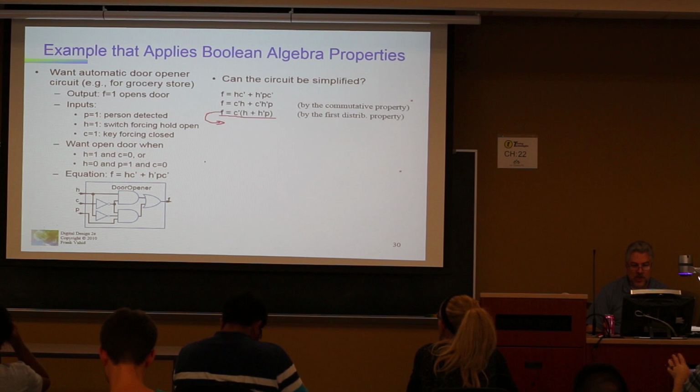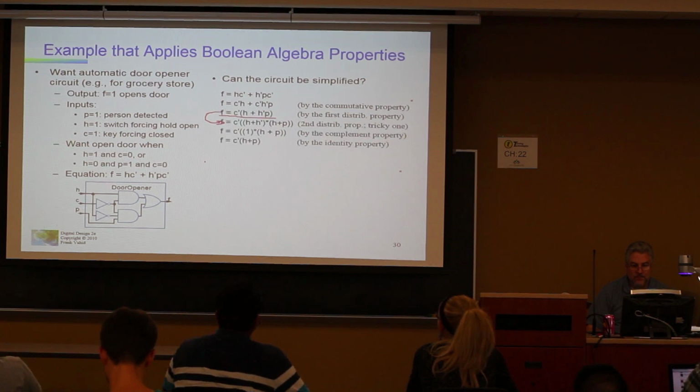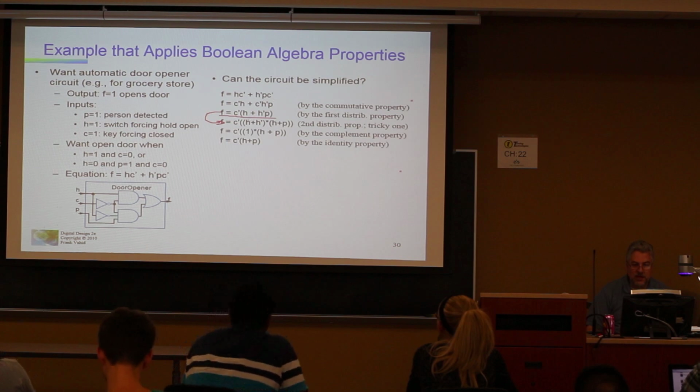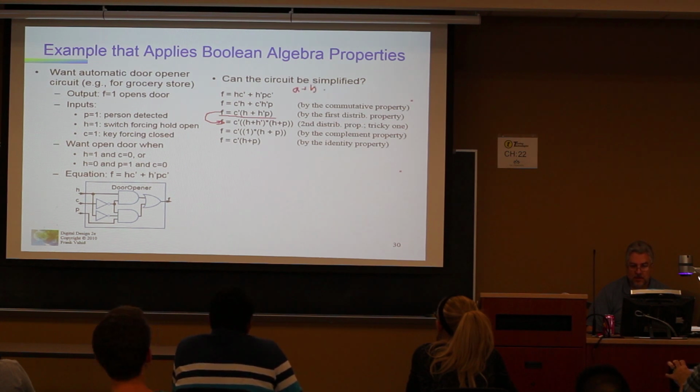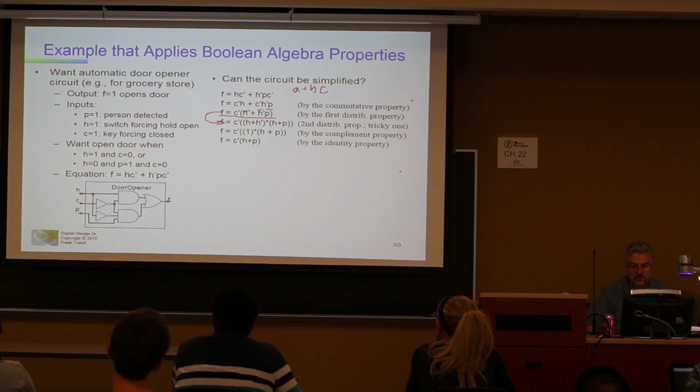And so if we look at what happened here, remember we said A plus BC, right? Well, in this case, this is A, this is B, and this is C, because all we're doing is replacing with whatever it is.